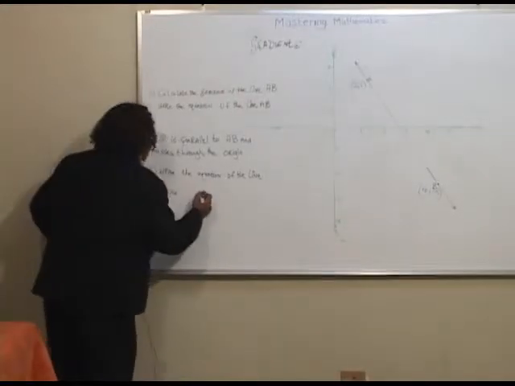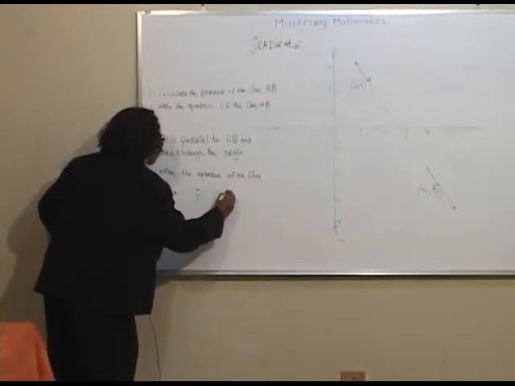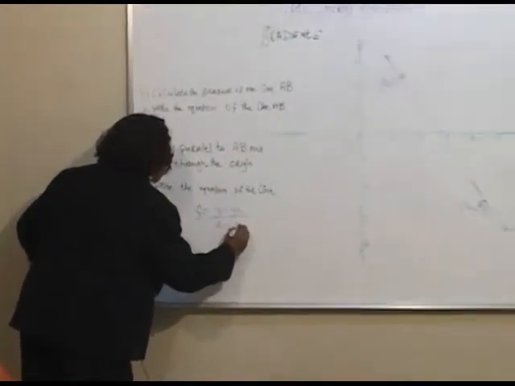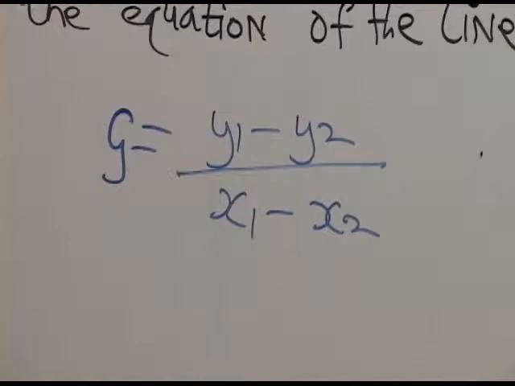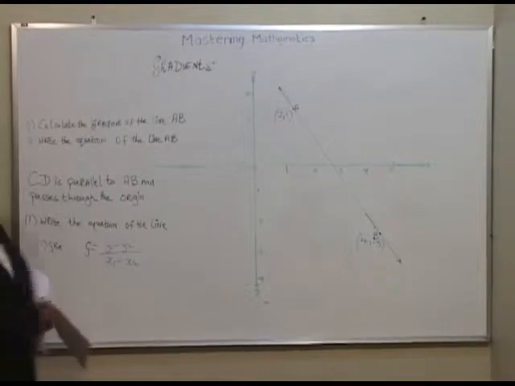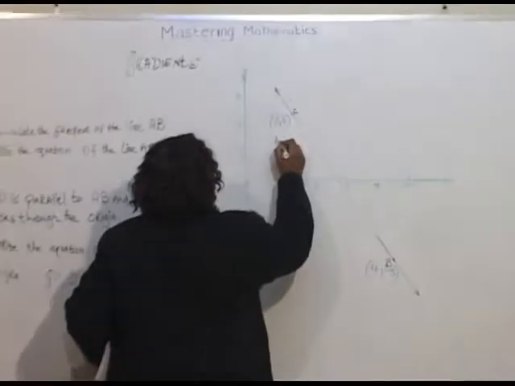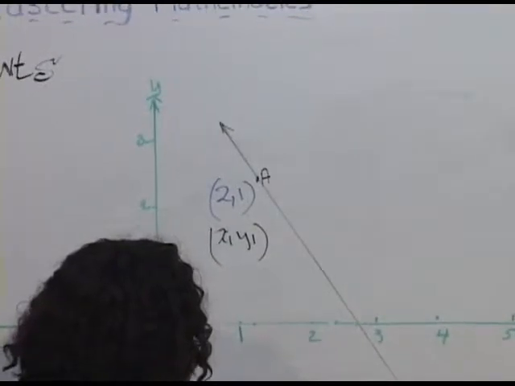And so it says the gradient would be equal to y1 minus y2, and it's over our x1 minus x2. Okay? We would just choose which bracket we would be calling our x1s, and so we may choose to say the A would represent our x1s and the B would represent our x2s. So this bracket represents our x1, y1, and this represents our x2, y2.